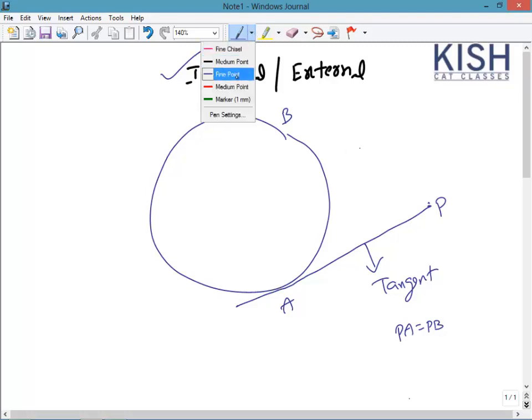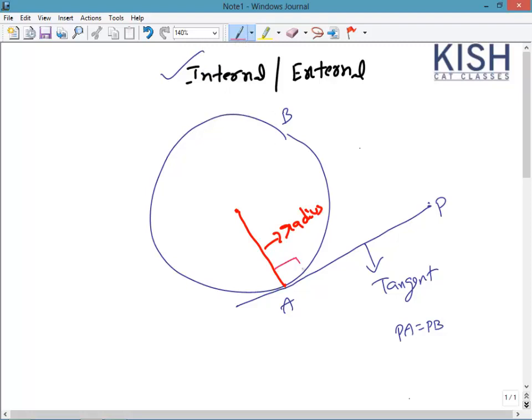Now the internal thing. I take a point starting from the center, that is the center of the circle, and I have drawn a line. Obviously this is called the radius. The radius makes a 90 degree angle with the tangent. So now we are focusing on an external line and an internal line.